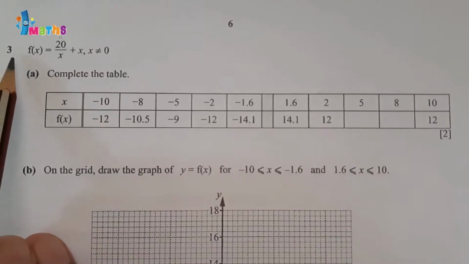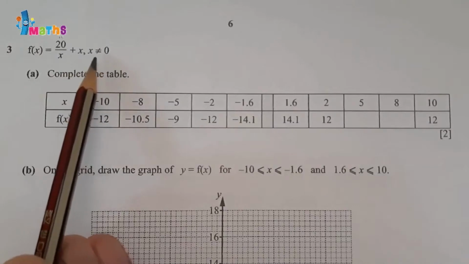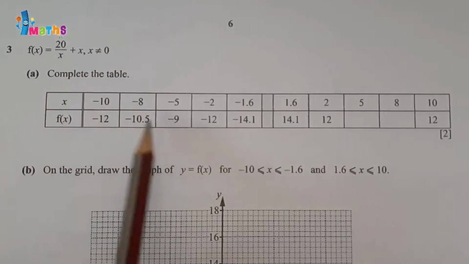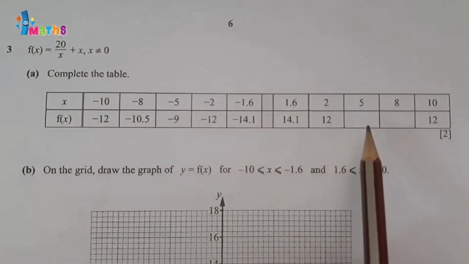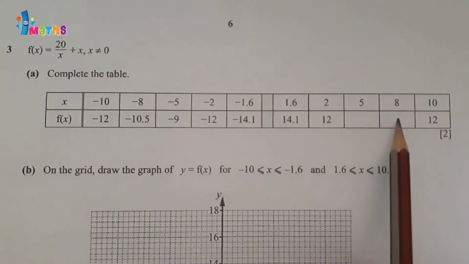Question number 3, f of x is equal to 20 over x plus x when x is not equal to 0. Complete the table. So this is the table of values. We will have to calculate the values for 5 and 8.